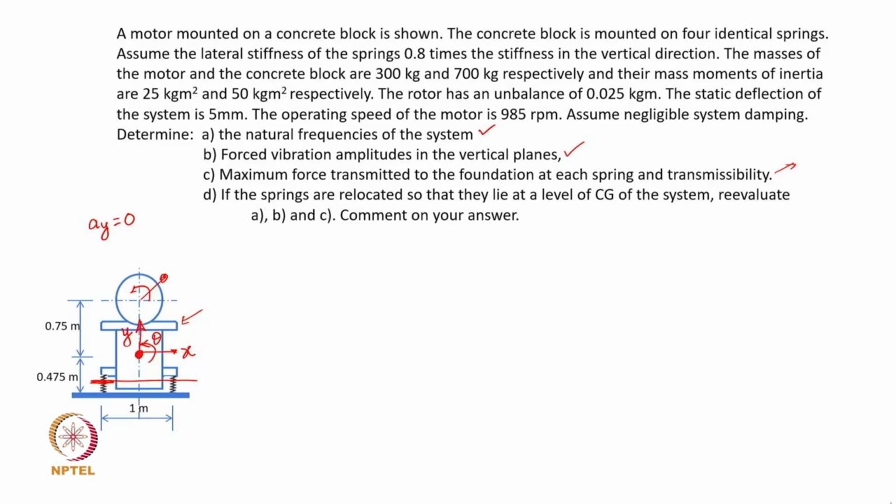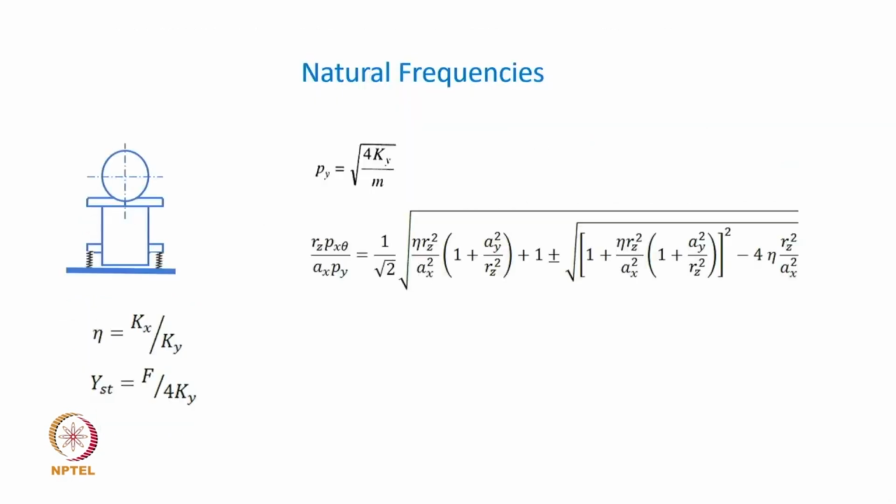So, I will only highlight some of the important aspects of the evaluation process. For example, the first part was to find natural frequencies, and I think we discussed these equations, how they are being arrived at. So, p x theta 1 and 2 can be obtained from this expression, p y can be obtained from this, and p x can be obtained by including the stiffness ratio parameter by the expression which has been already discussed.